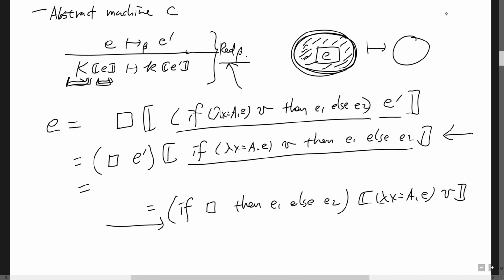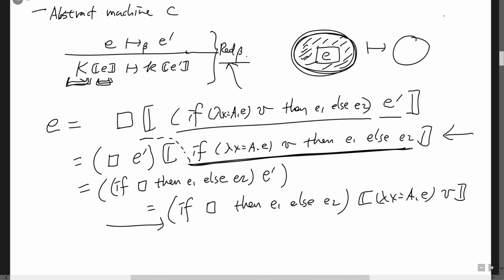The new evaluation context is if hole then E1 else E2, applied to expression E prime. So the evaluation context obtained from this one goes to the position of this hole, and we obtain this one. And now the machine decided to analyze this expression.